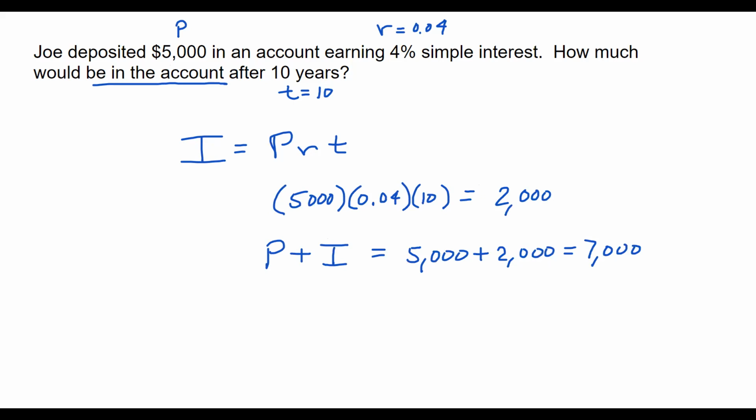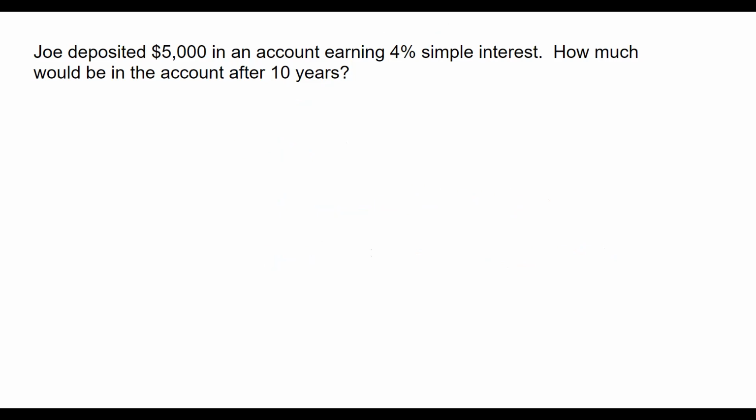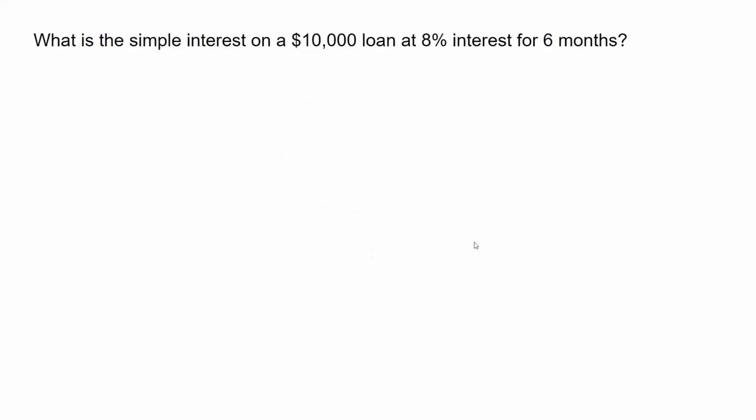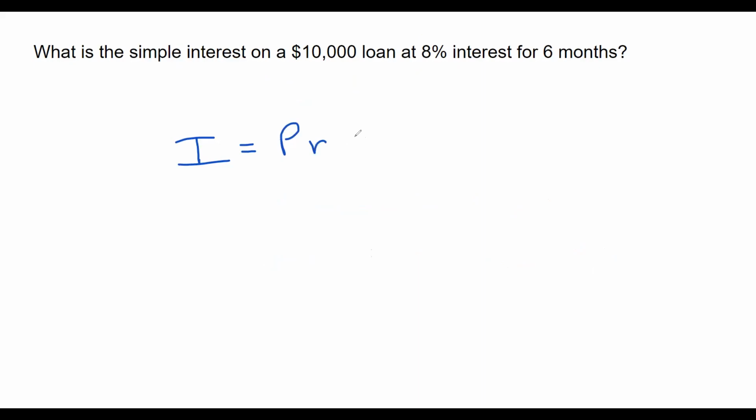Okay, next problem. What is the simple interest on a $10,000 loan at 8% interest for 6 months? Interest equals P times R times T. We're being asked for the interest, so we don't have to add it when we're done.